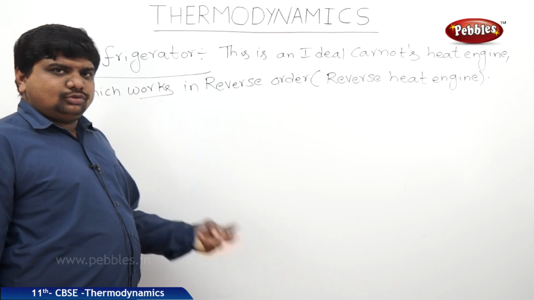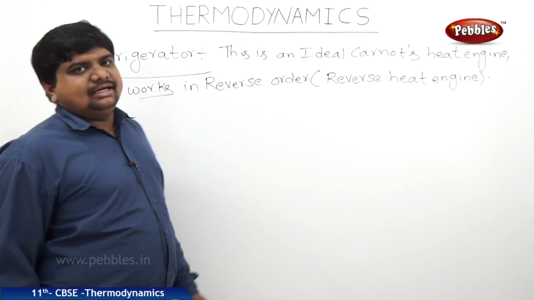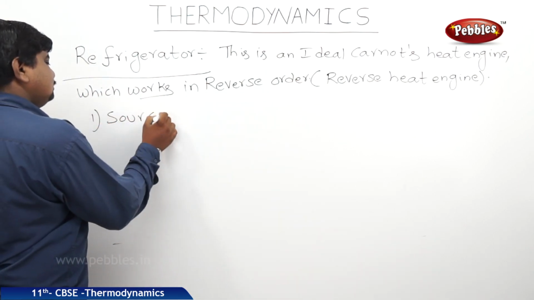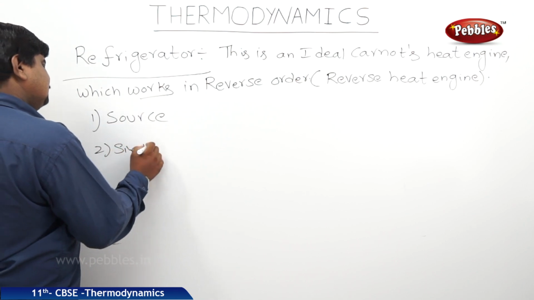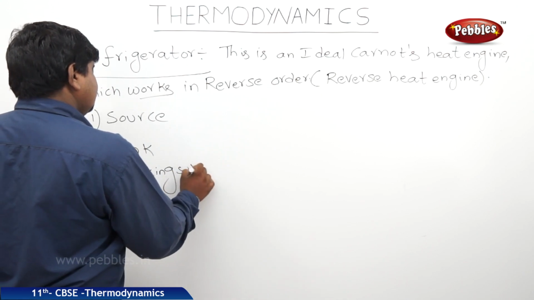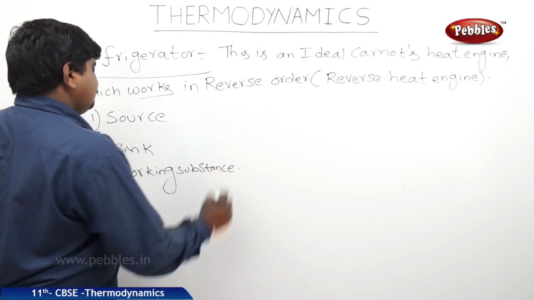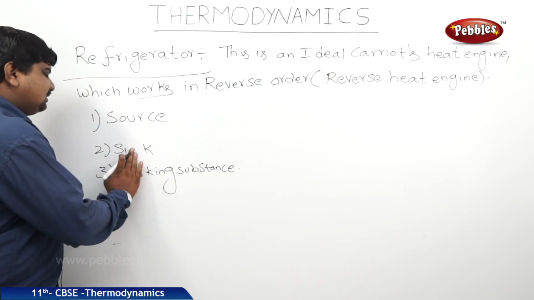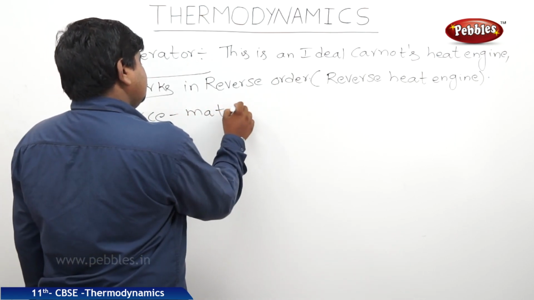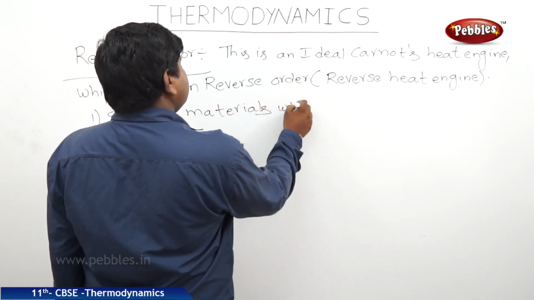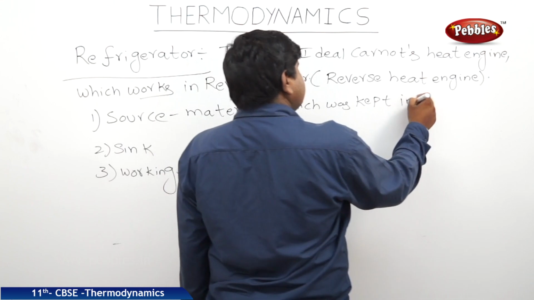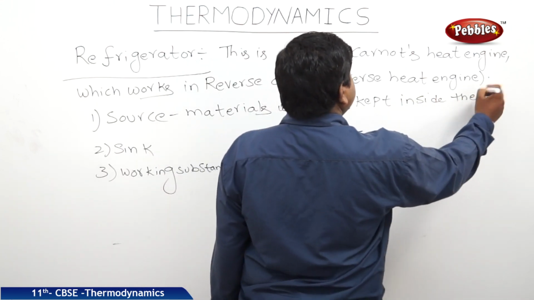It contains 3 parts, as in the heat engine. First one is source, second one is sink, third one is the working substance. Source is nothing but the materials which were kept inside the refrigerator.